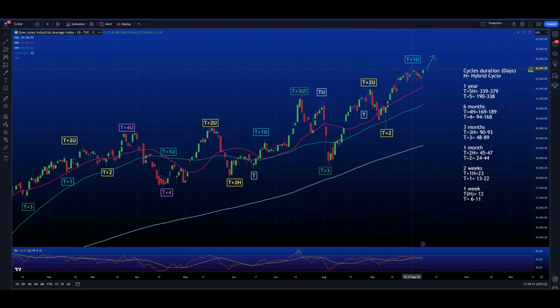But we can always have, and this would be something that can put the traders in a trap, which might also be a bull trap, a T+2 plus a T+1, making a T+3. Here you might expect to return back to the tops, but they can also attach a T+1 with a T+2 and then start a T+3, because time-wise here we have all the conditions.